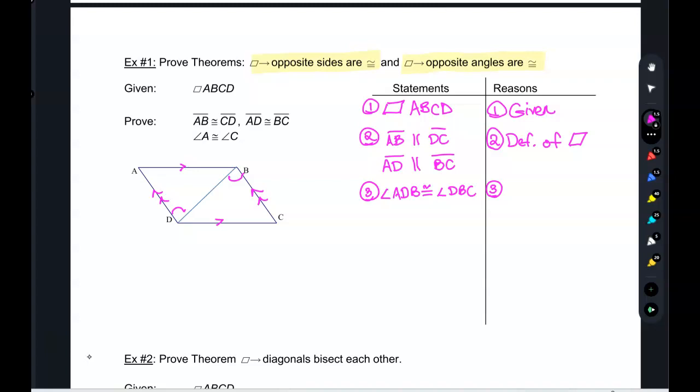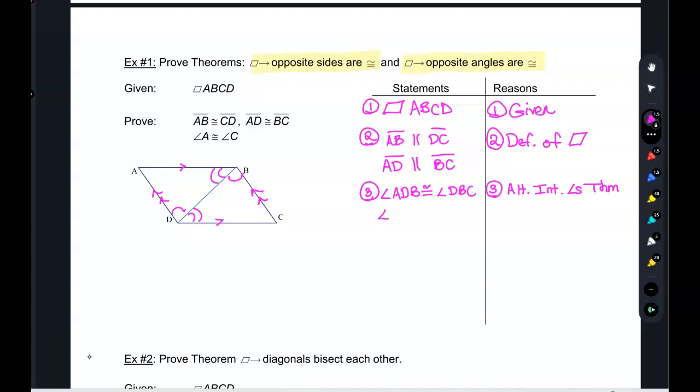Okay. So this is the alternate interior angles theorem. Right? And then we have another pair of alternate interior angles here and here. So let's write those right underneath.